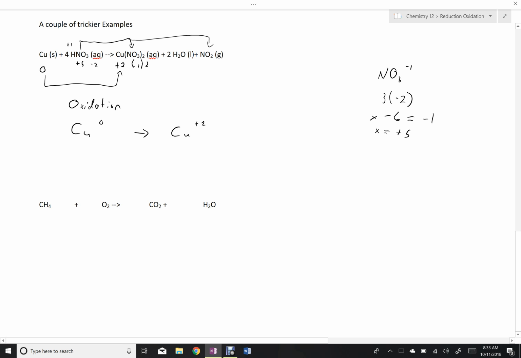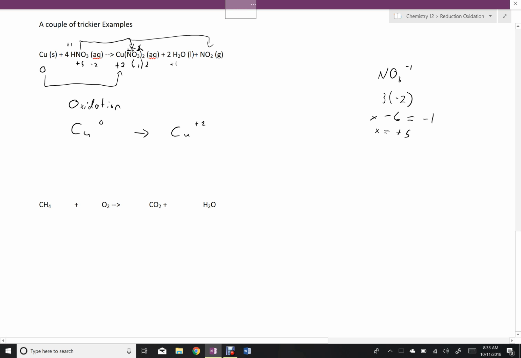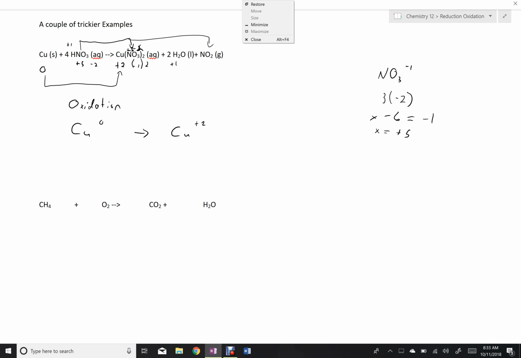These guys are -2 each, these guys are +1 each. And over here, it's still part of the nitrate, so it's still +5 and -2. Water has +1 hydrogens and -2 oxygens, so we don't have any changes there.